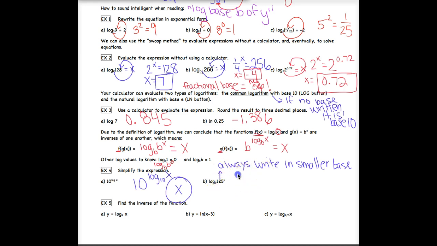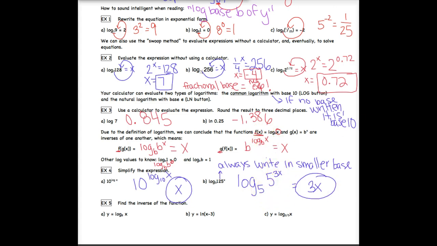So we are going to rewrite that: log base 5 of 5 to the third, and then don't forget it had a power of x, so power of a power, they multiply. Now that we write it in the smaller base, we see this base and this base match, so it simplifies to whatever the exponent was. So again, I always have people every year who just always write x whenever they're doing this because that's how we discovered the property. But again, that was to show us that it simplifies to whatever that is. So in this case, it's 3x.